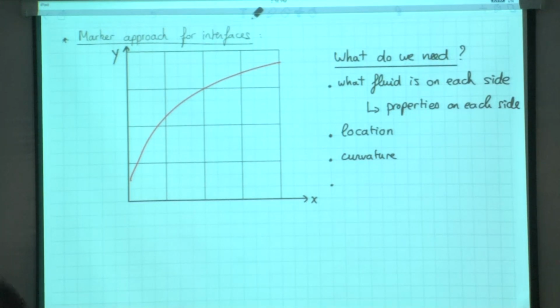The list continues. If we were looking at a different problem, say for example a premixed combustion problem, and if this interface was tracking a flame front, we would want to know something about the flame thickness. We would want to know something about the local temperature. We would need to know various pieces of information that are tied to this interface.